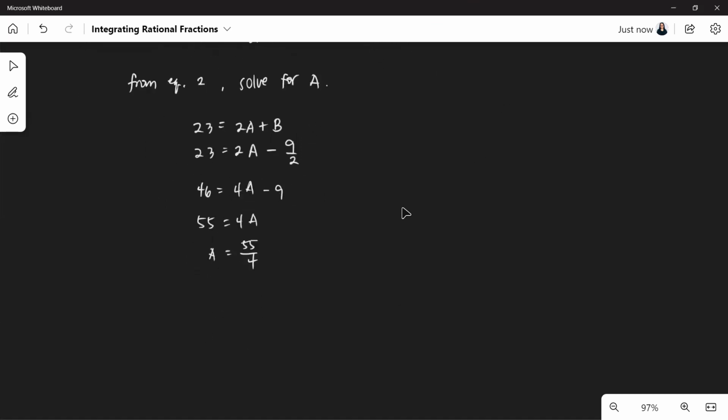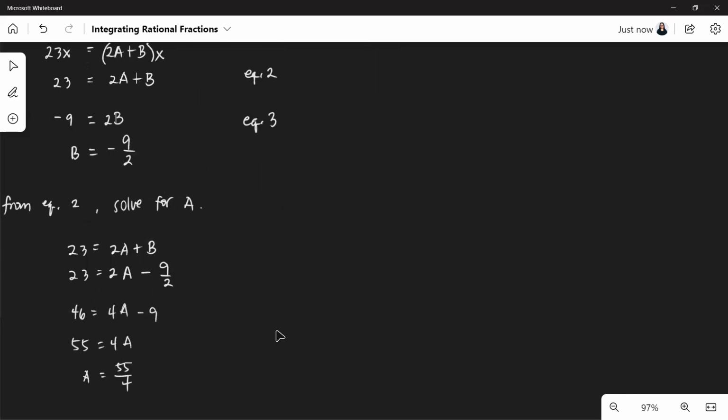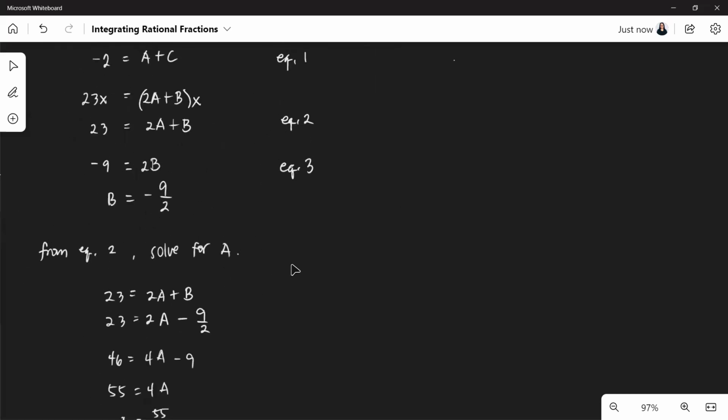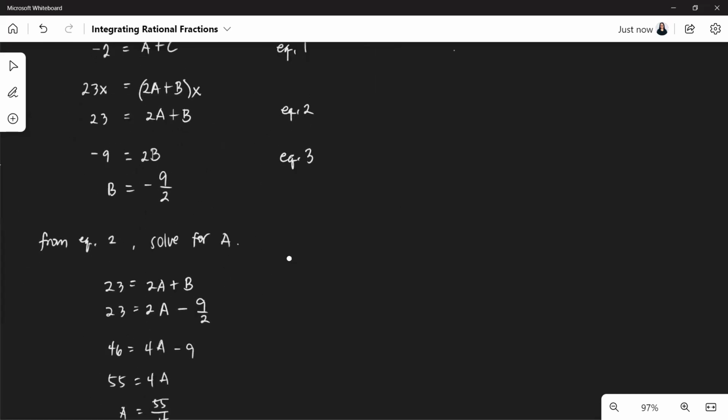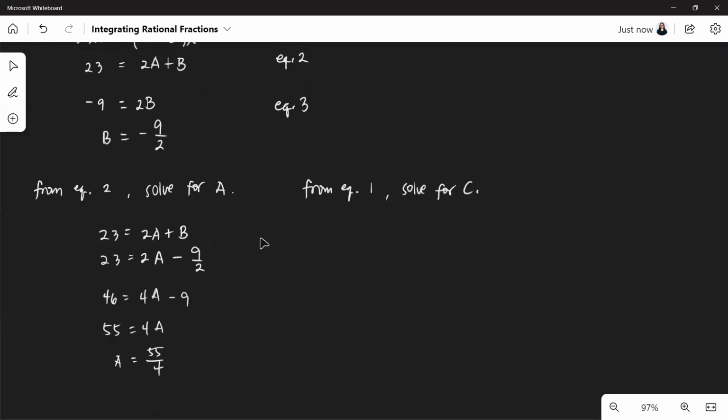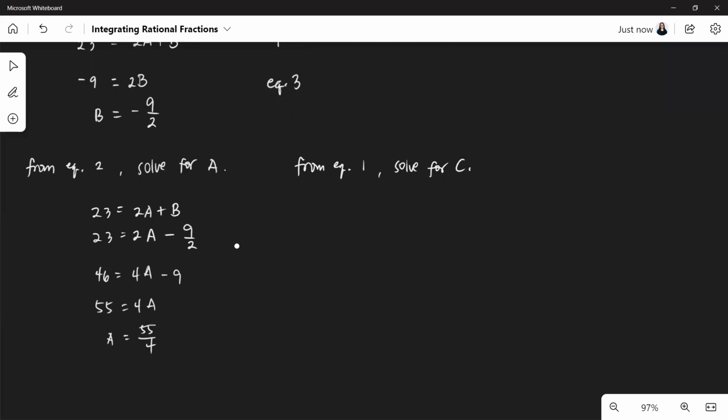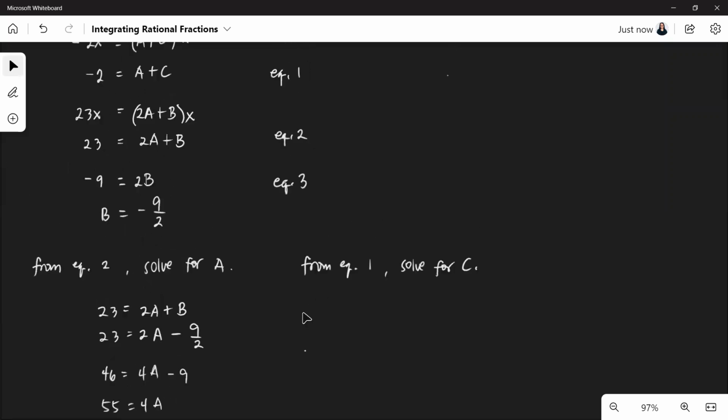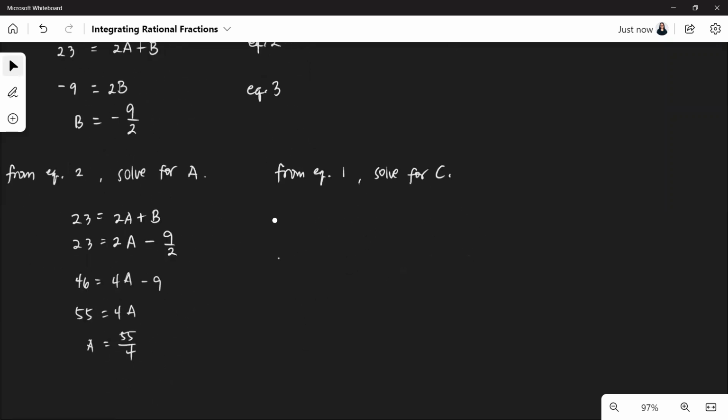For the value of c, we can use equation number 1, since we already have the value of a. So from equation 1, solve for c. Negative 2 equals a plus c.